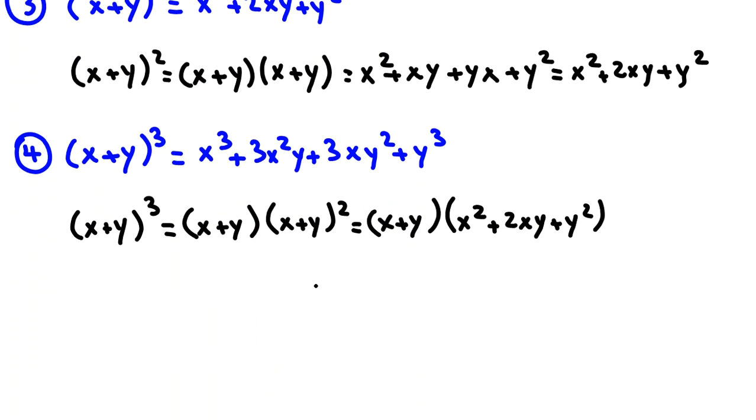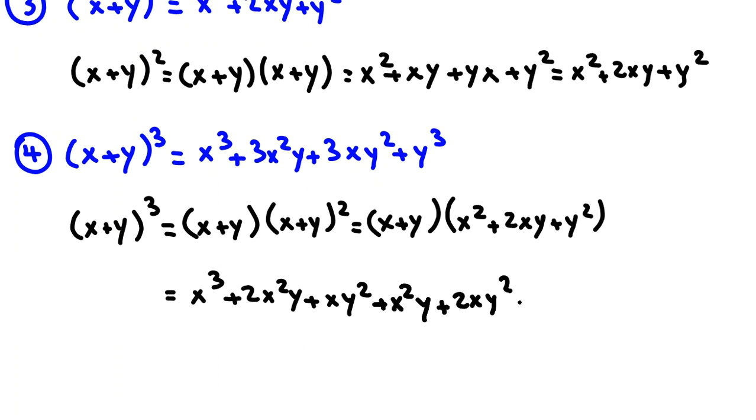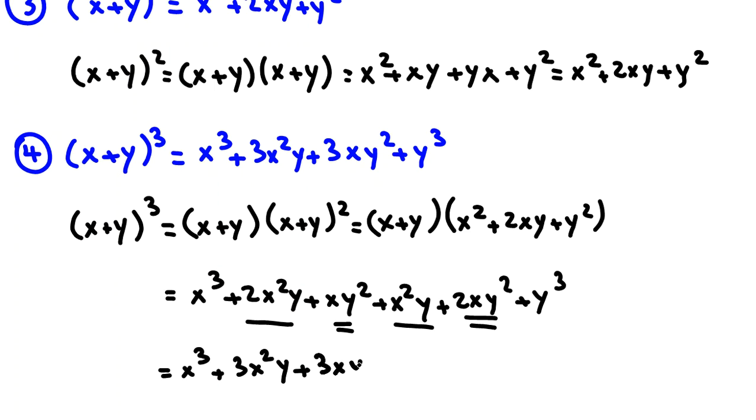If we multiply these two terms, x times all of them will be x cubed plus 2x squared y plus xy squared. Then you multiply by y: x squared y plus 2xy squared plus y cubed. Now we have x squared y twice and xy squared thrice, so it will be x cubed plus 3x squared y plus 3xy squared plus y cubed. You should memorize this.